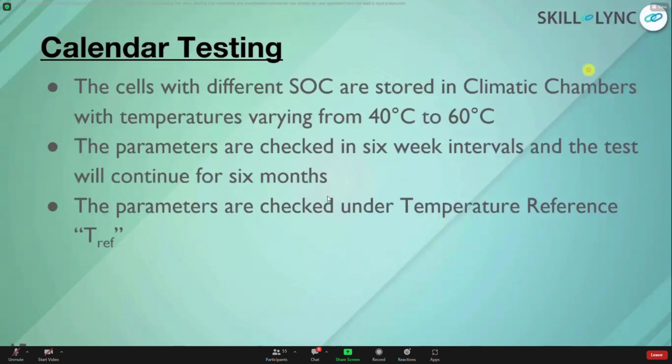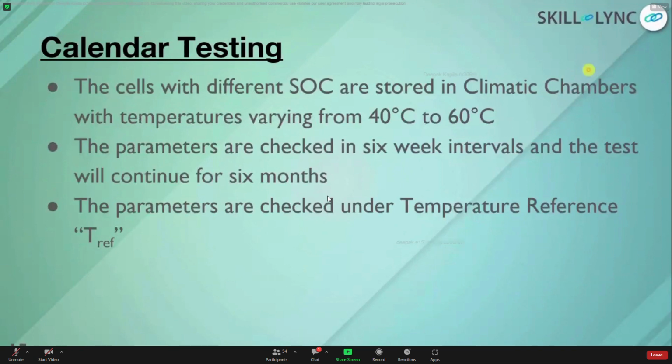So this is the first point. You have a cell in an ideal condition with different SOC stored in a climatic chamber, in which different temperatures can be maintained, varying from 40 degrees Celsius to 60 degrees.